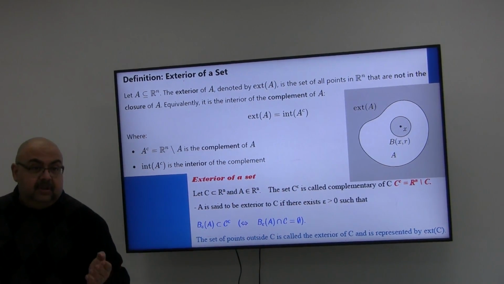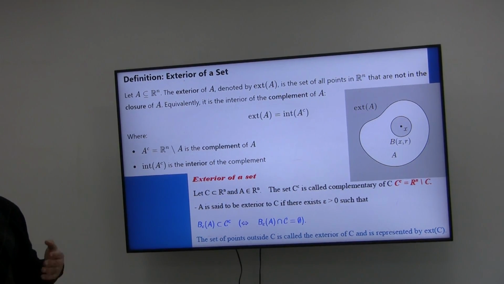There is no intersection between them, and it makes sense. All of these are equivalent to each other.